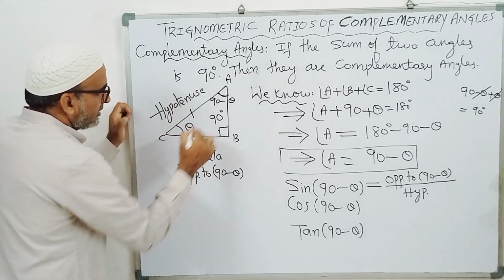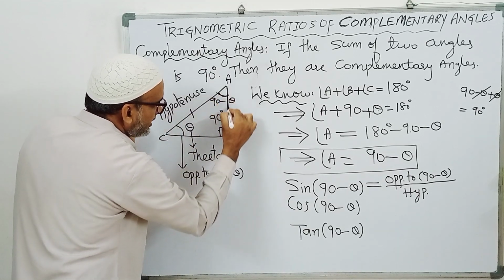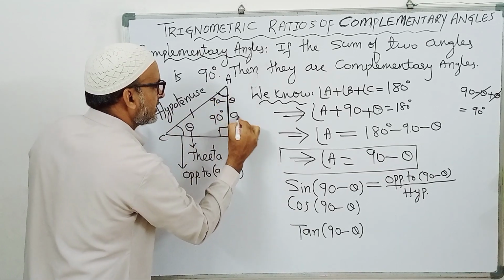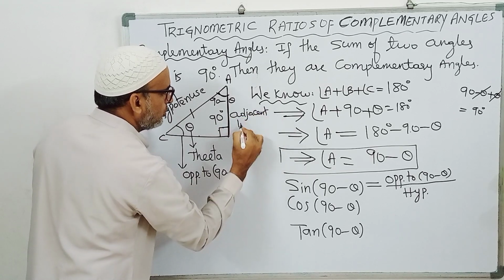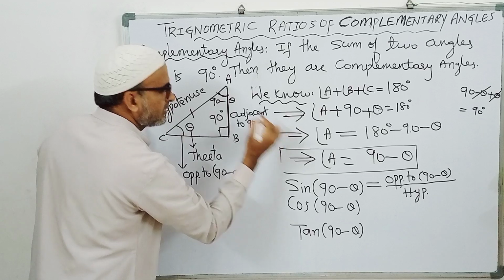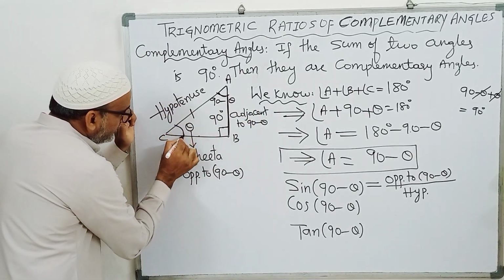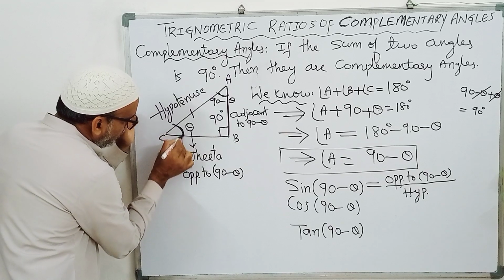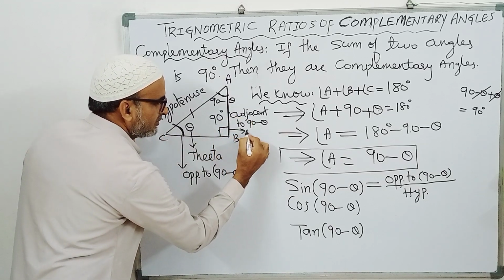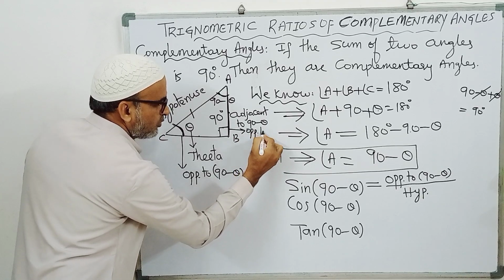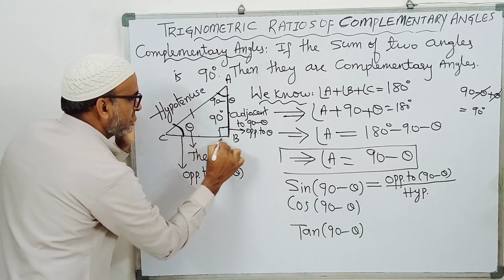Already this is the hypotenuse. This 90 minus theta is touching this side, so this is adjacent to 90 minus theta. Now according to theta, this is opposite to theta. This is touching this side, so this is adjacent to theta.